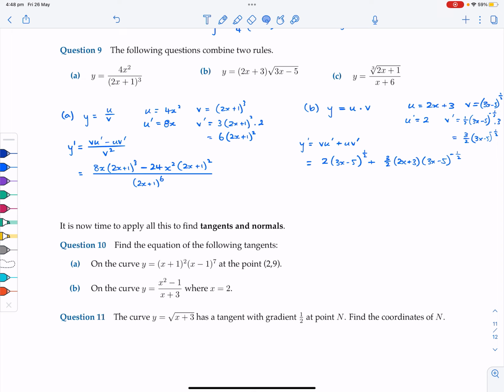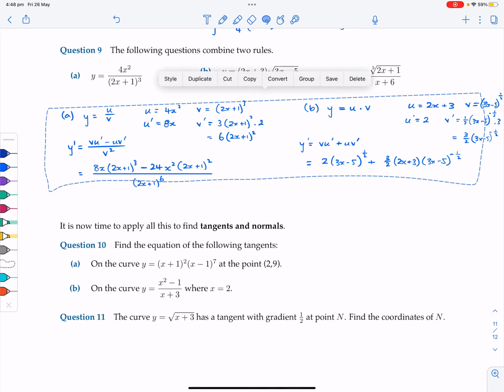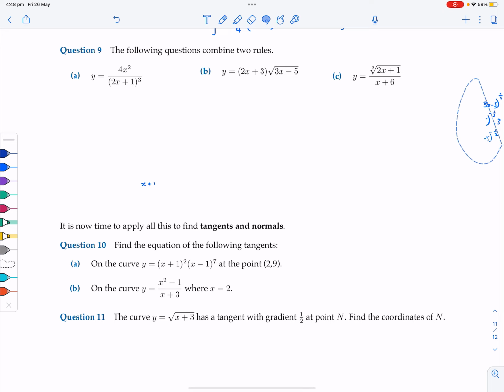I think I'll just clear all this away. Okay, C. Right, so y equals u over v, where u is 2x plus 1 to the power of 1/3, and v is x plus 6.